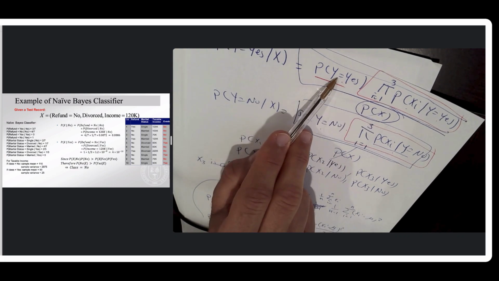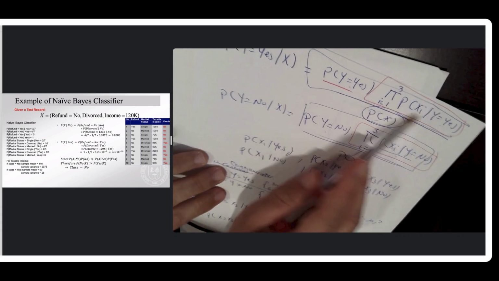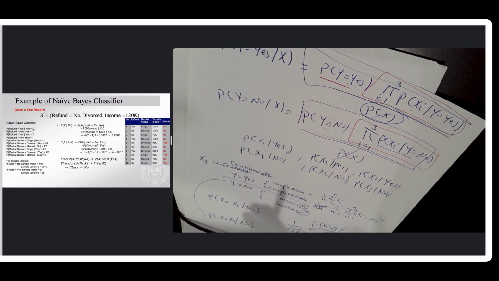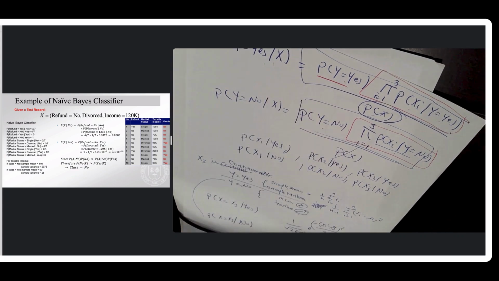Because at the beginning I have the probability of the class label being yes, but now I have extra knowledge, and that's going to change my overall probability. So the highest one is going to be the class label of this class.